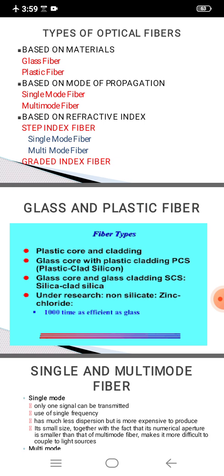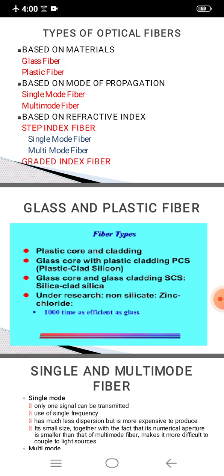Then based on the refractive index profile, the optical fibers are classified as step index fiber and graded index fiber. In step index fiber, two modes are possible, single mode step index fiber and multimode step index fiber. But in graded index fiber, only multimode fiber is possible.